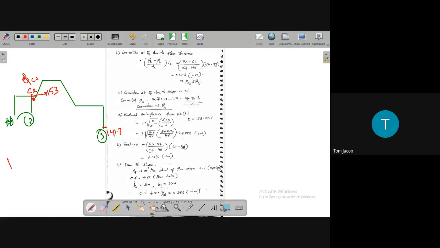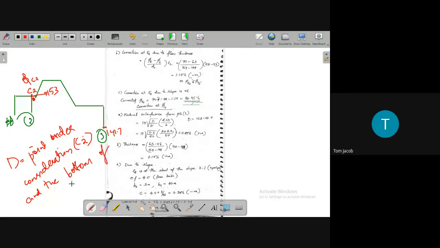So that's the level difference, capital D equal to level difference between the point under consideration, that is C2 here, and the bottom of the interfering pipe.